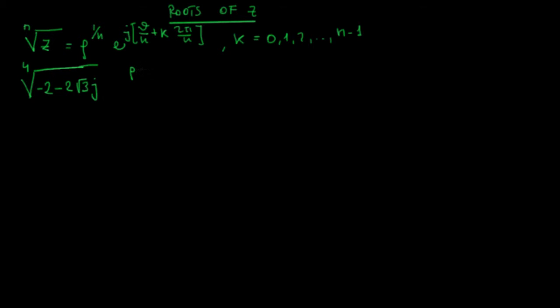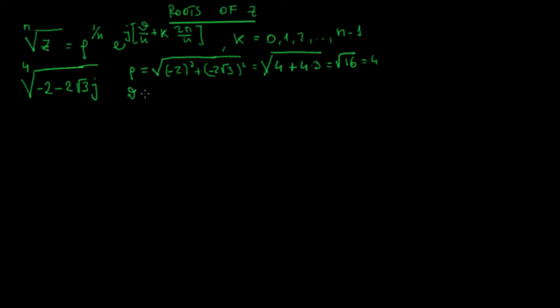So the first step is to evaluate rho, the modulus, which is the square root of (minus 2) squared plus (minus 2 square root of 3) squared, and this is the square root of 4 plus 4 times 3, which is 4 plus 12. This is the square root of 16, which is 4.